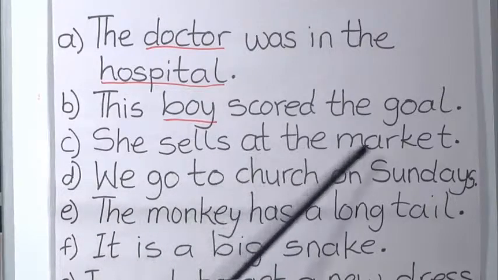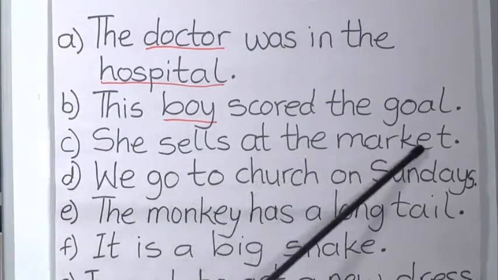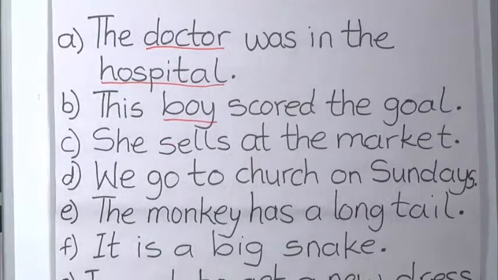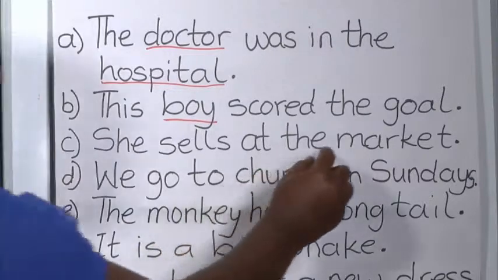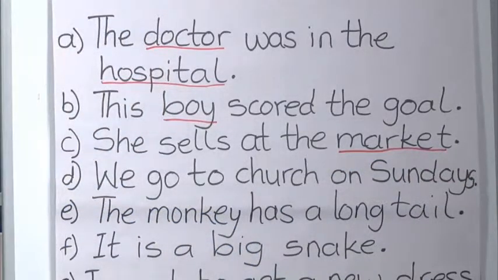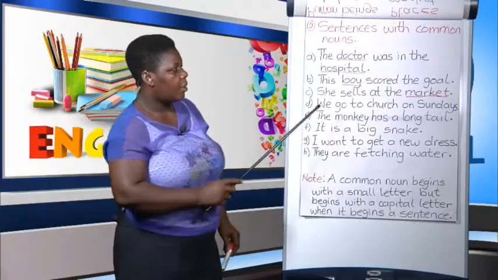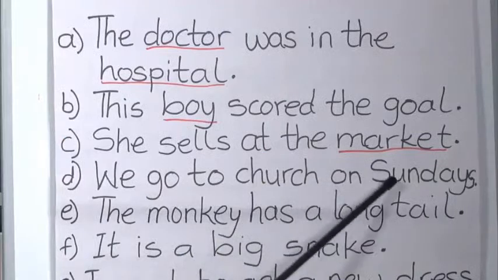She sells at the market. What is the common noun in this sentence? The common noun in this sentence is market, which is a name of a place.